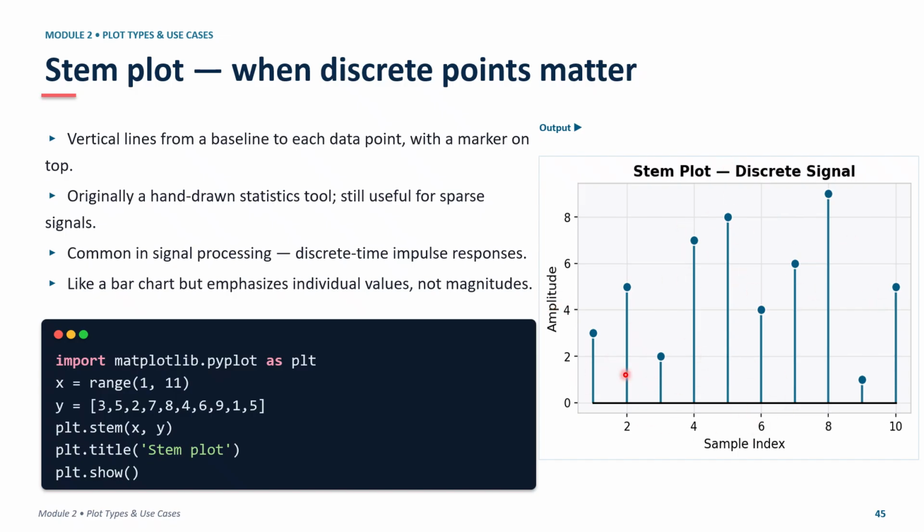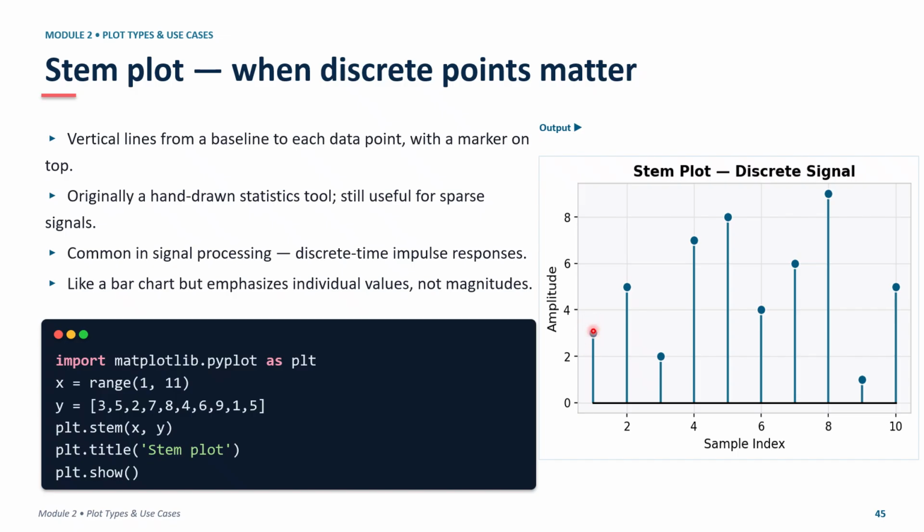Both show the values as a vertical extent, but the key difference is that a bar chart has a solid filled bar which emphasizes the magnitude of the value, whereas a stem plot has a thin line with a dot, which emphasizes that each value is a discrete observation.